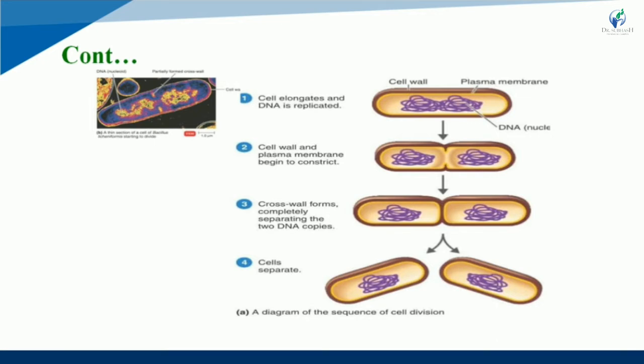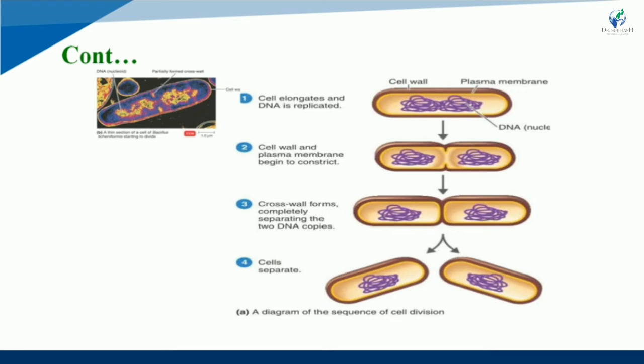In the second step, the cell wall and plasma membrane begin to constrict. So they are divided. In the third step, a cross wall forms, completely separating the two DNA copies.